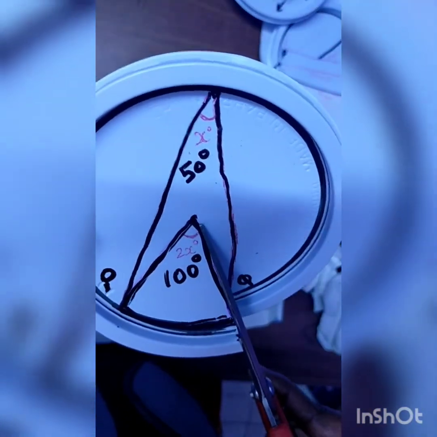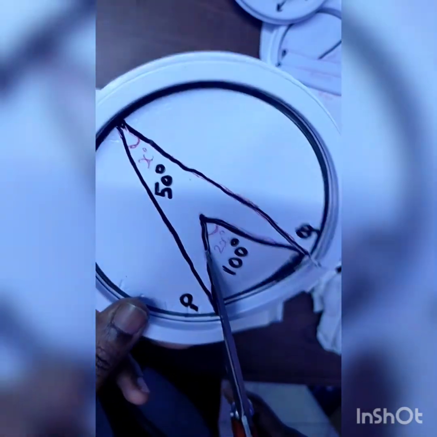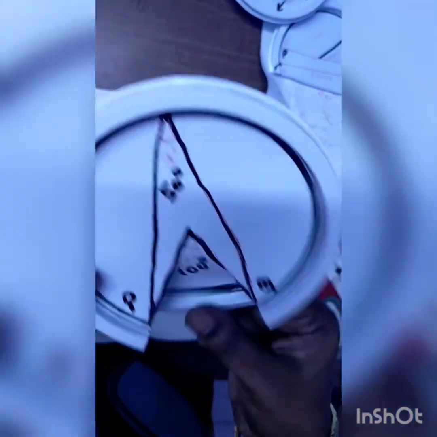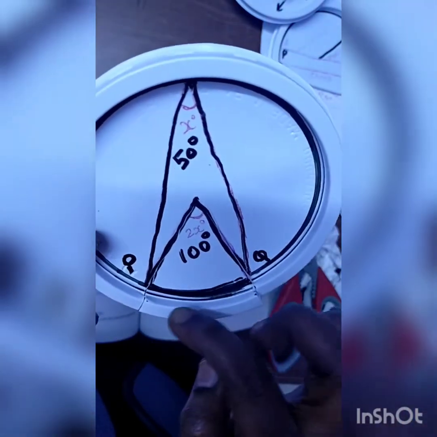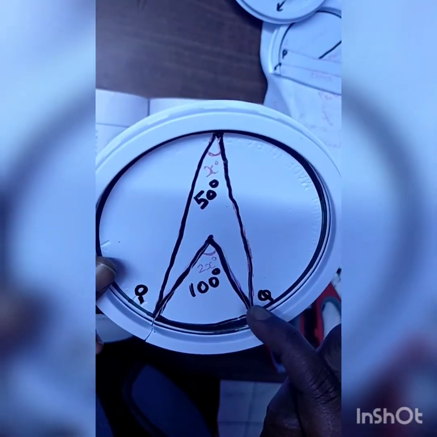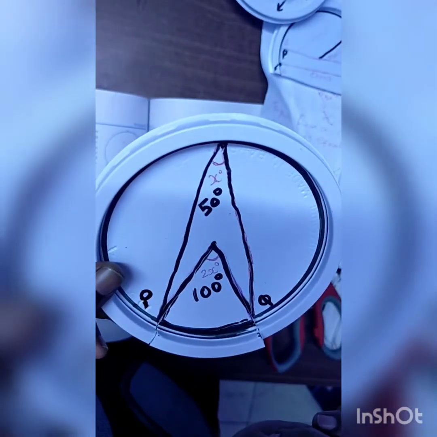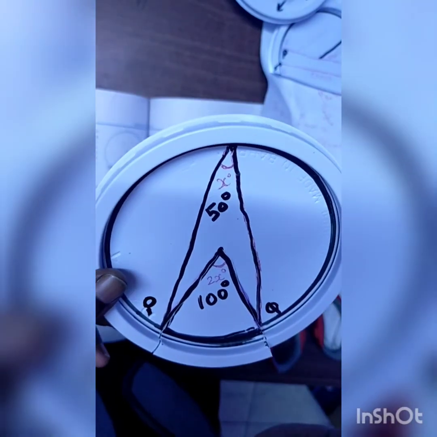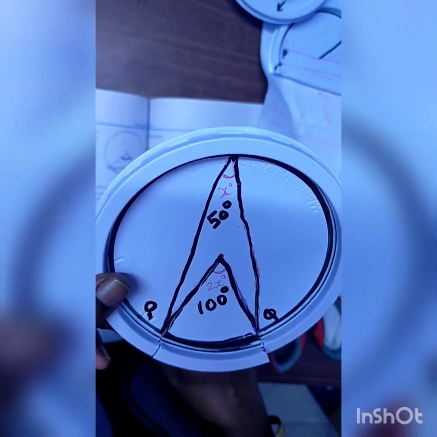And this arc is making angle 2x with the center of the circle. Now, the same arc, we are connecting it to any point on the circle. So, how much angle will it make? Half of that. This is 100, that will be 50 degrees.